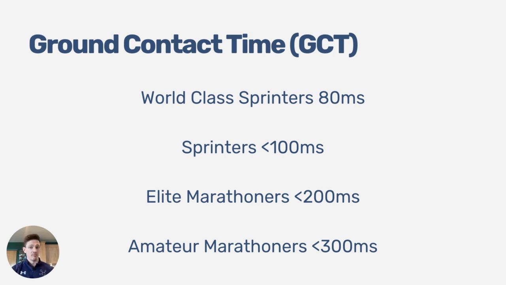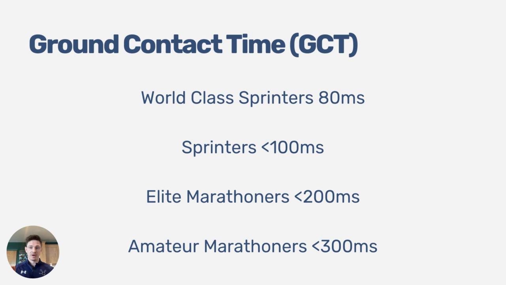If you look at marathon runners, it's interesting to note that although we see it as a longer endurance-based sport, the ground contact times of elite marathon runners are much, much faster than amateurs. It makes sense when you think about it: they're getting the same, if not more, force production, more power for less time.